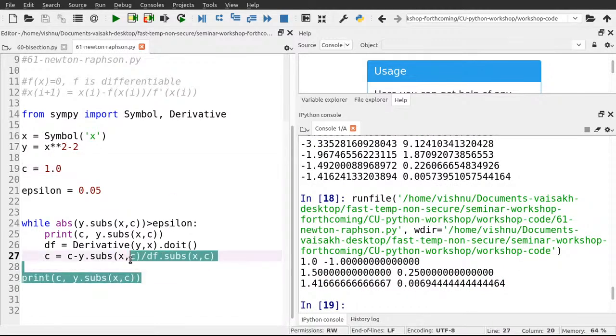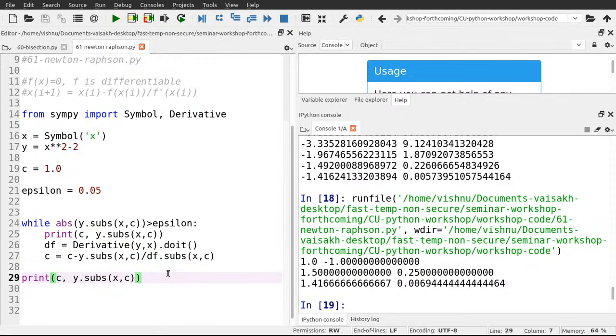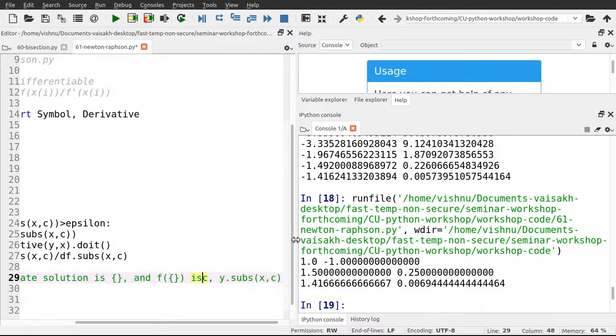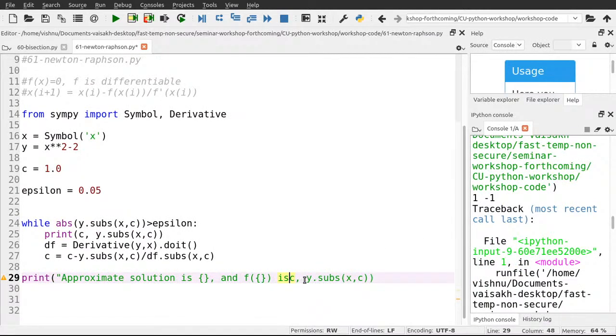Okay, so let me update it. The approximate solution is, and f of this value is, I'm just printing it in a somewhat neat format: c, c, and this.